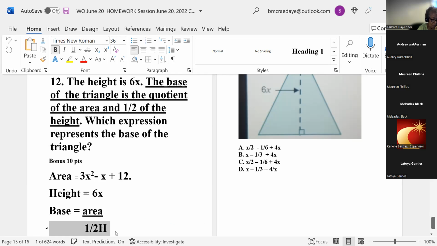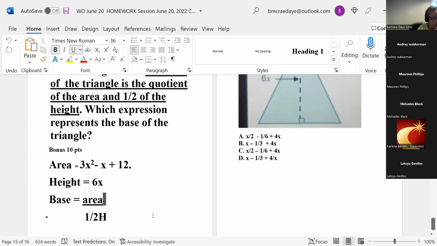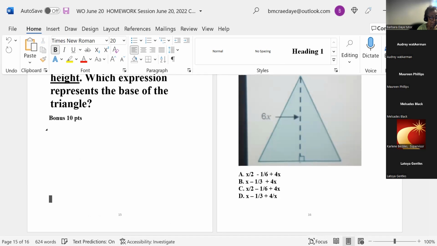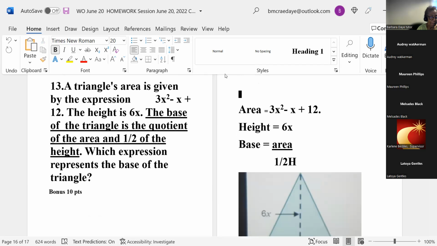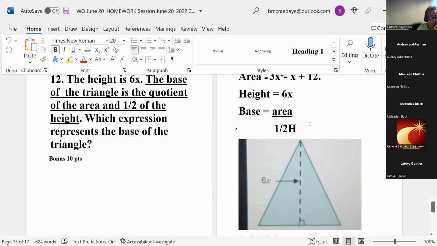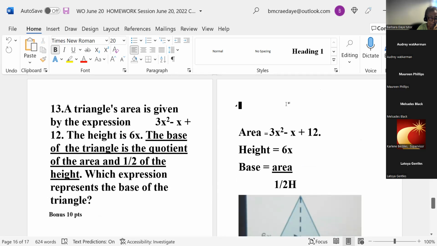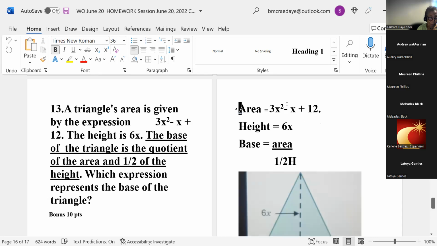Now, when you substitute in for the area, let's bring this all down to the next line. And this is what you did, right, Latoya? You put in for the area 3x to the second minus x plus 12.